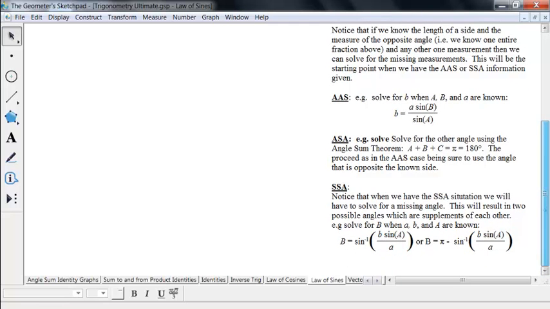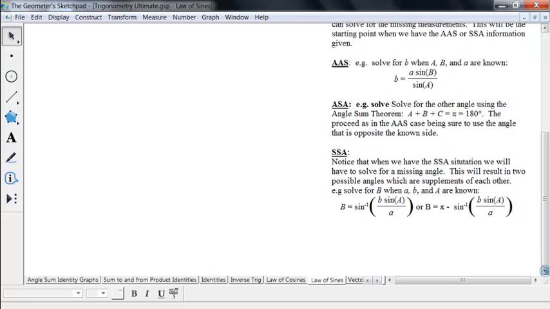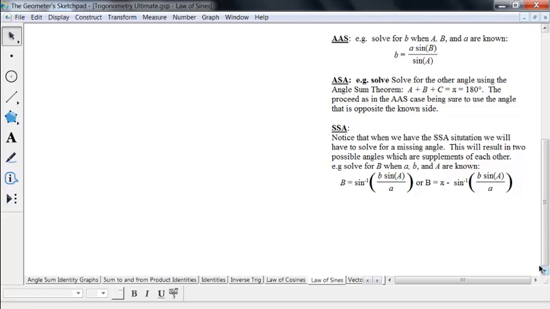Now, you have to be a little careful when you're using law of sines to solve for an angle, okay? When you're solving for a side, law of sines is straightforward and perhaps even easier than law of cosines when you are given a choice.